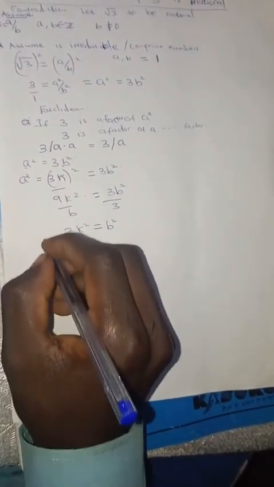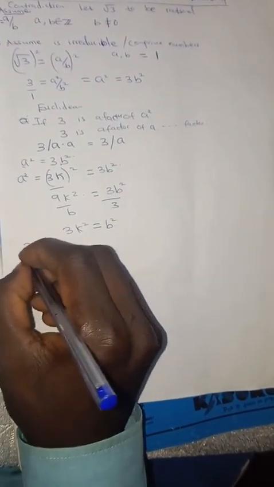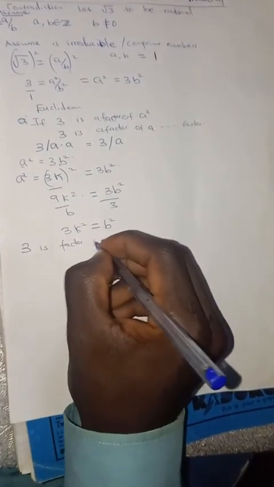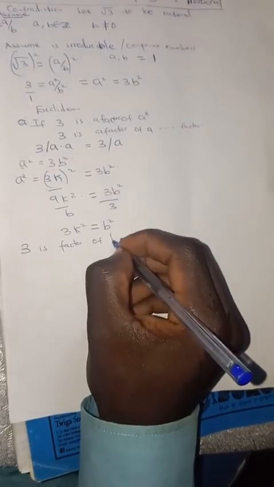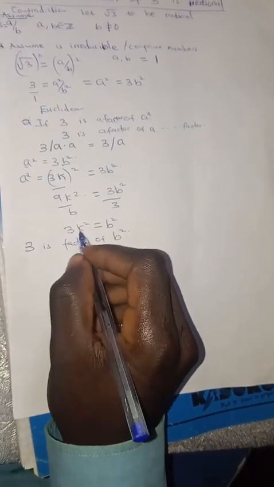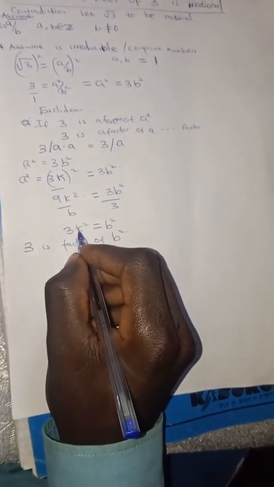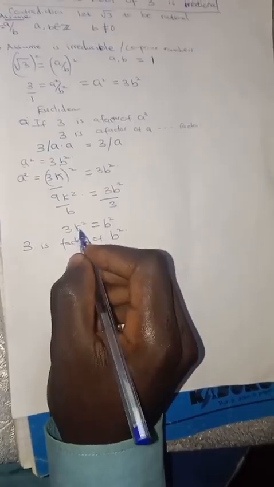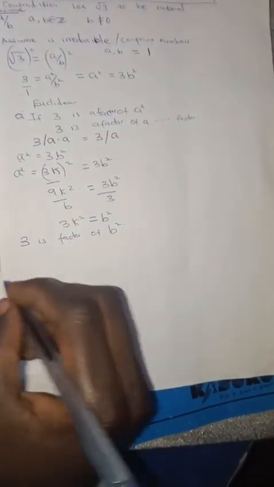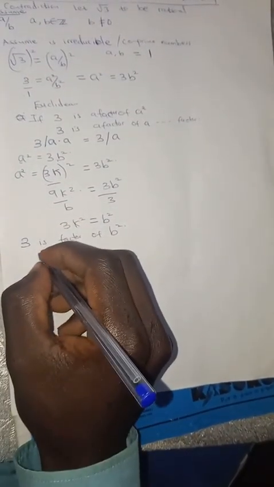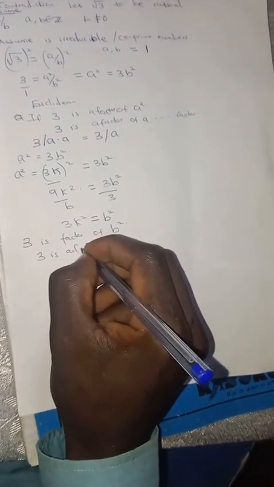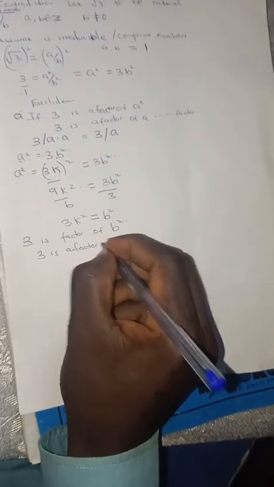And again, it means that 3 is a factor of b squared, because if we multiply 3 by an integer k squared, we will find b squared, which thus also says by Euclidean rule that 3 is a factor of b.